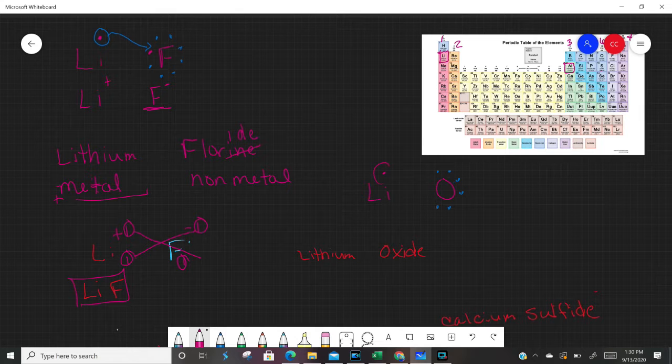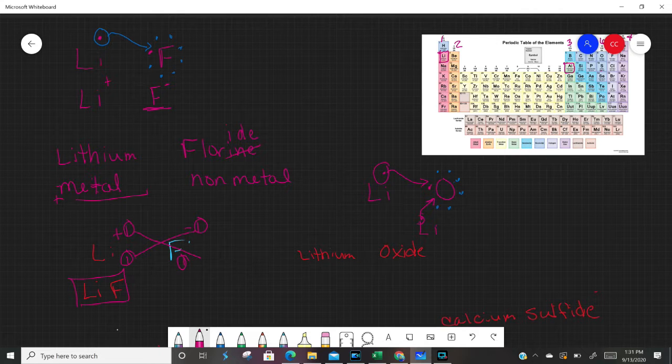So lithium can donate its 1, but oxygen still needs another one. There's still an open space at the table. So another lithium will donate 1. So that's lithium oxide.